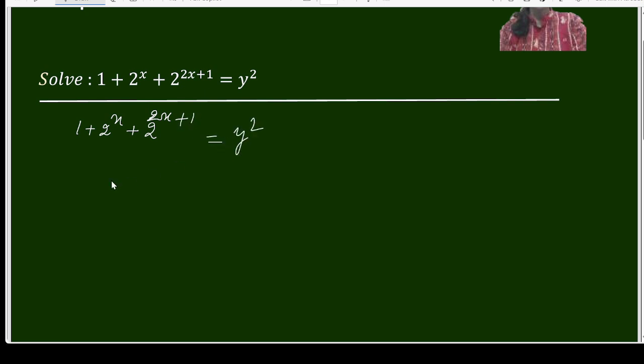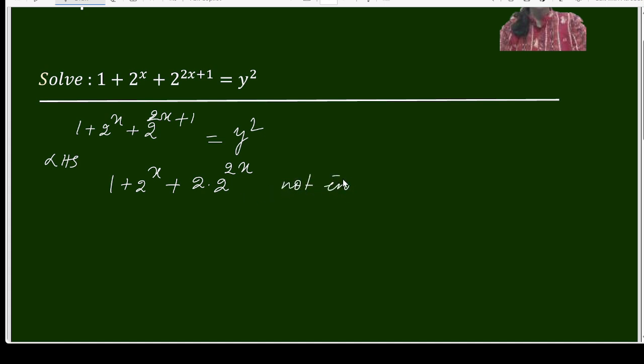Now let us analyze the left hand side. LHS can be written as 1 plus 2 to the power x plus 2 multiplied by 2 to the power x, which is not in a perfect square form.